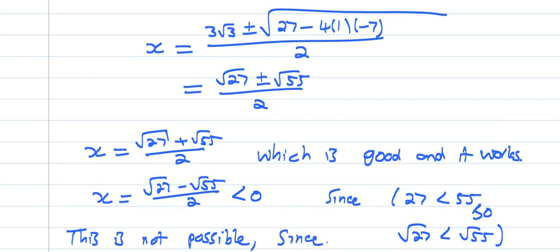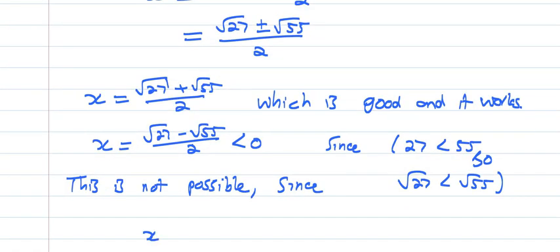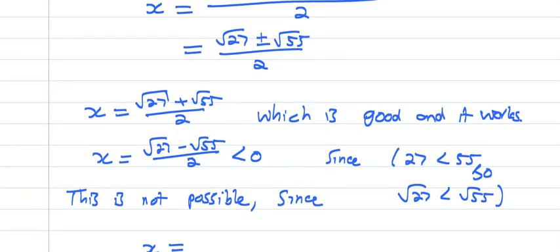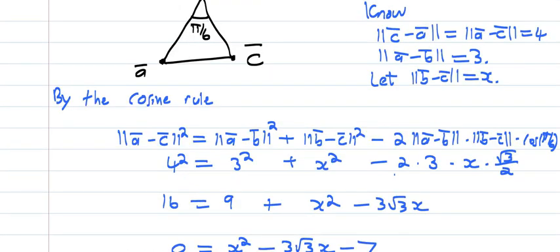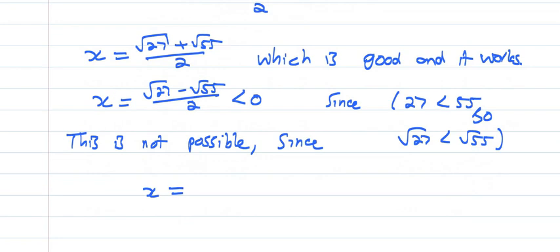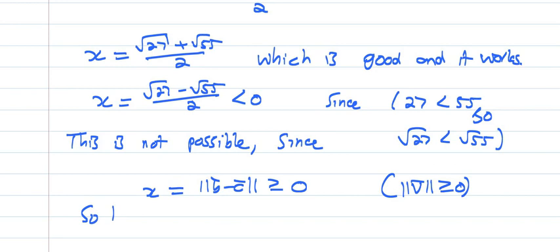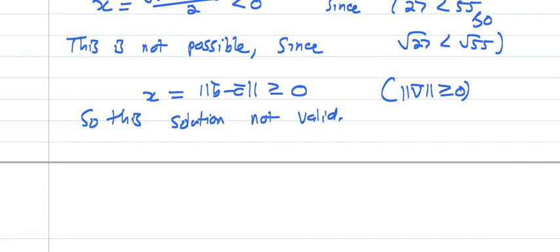Since x is the distance from B to C, so x is the norm of B minus C, and we know that the norm is greater than or equal to 0. Remember, the norm of any vector is greater than or equal to 0. So this solution is not valid.